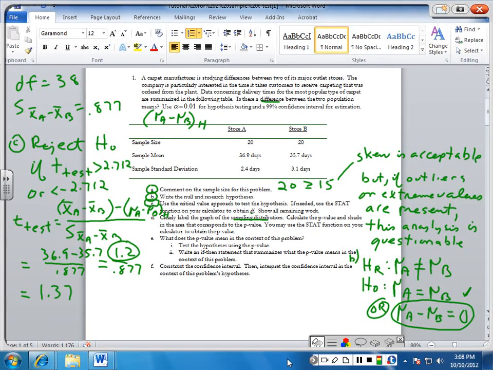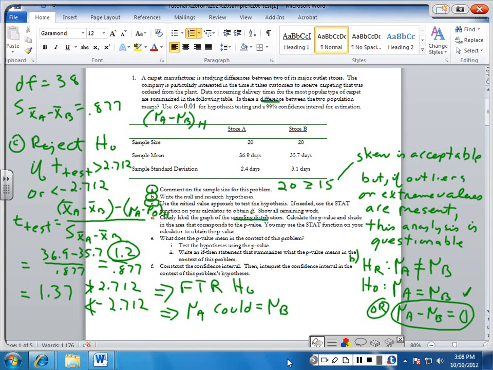That is not greater than 2.712. That is not less than minus 2.712. Therefore, you fail to reject H0 and conclude mu A could equal mu B. So when we fail to reject H0, we don't say that H0 is true, we only say that it could be true.